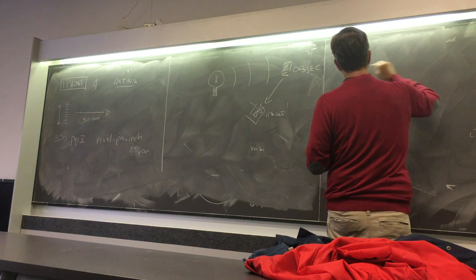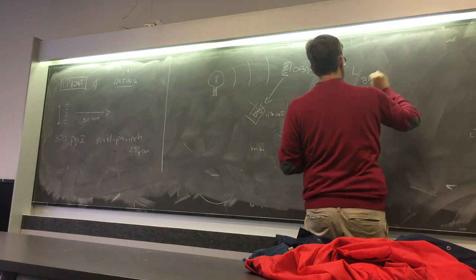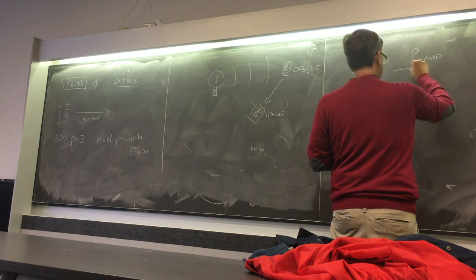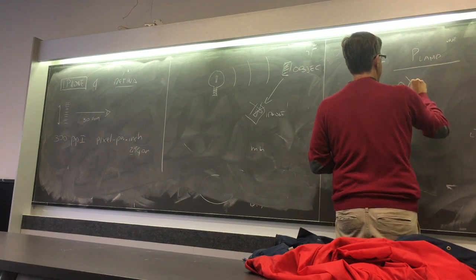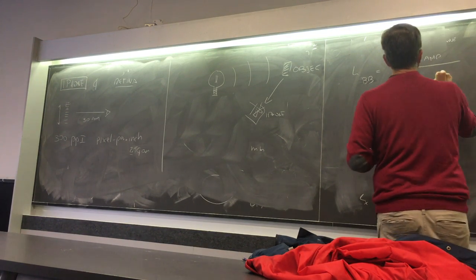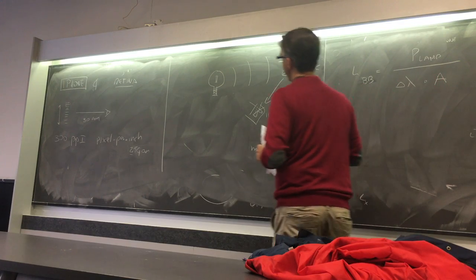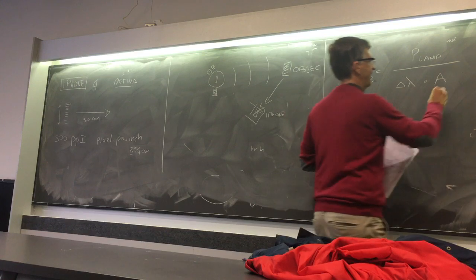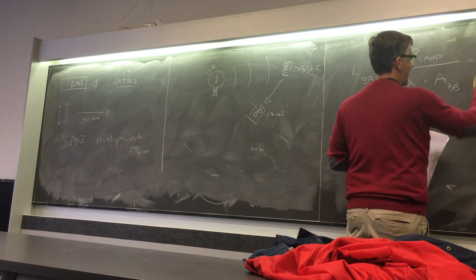So the radiance that we can get is the power of the lamp divided by, we use all in wavelength, this power spectrum, delta lambda, multiplied by the area of the black body. This is our black body, that is the length. Okay, and this is Planck.